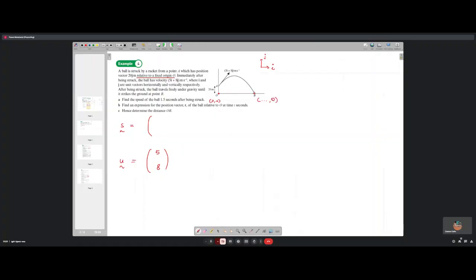Why? Because it's on the ground. You understand the y coordinate will be 0 effectively. You have to think about this being i and this being j. Do you have any questions on that? So we know that it will be something, 0, but we don't know what that something is. I should actually just put a question mark there.